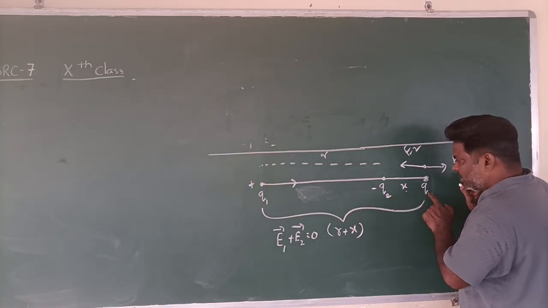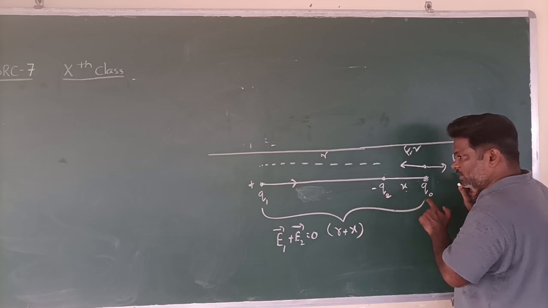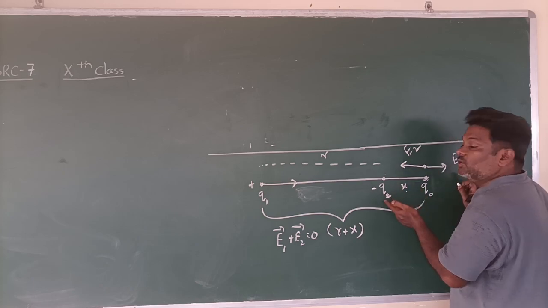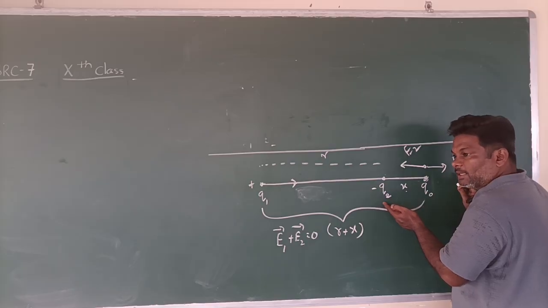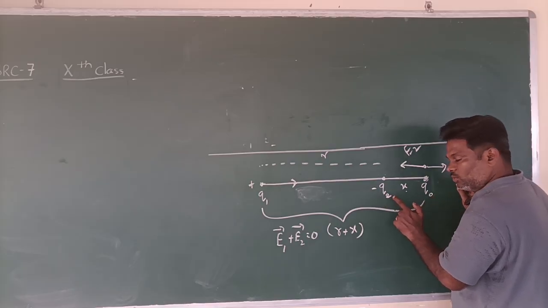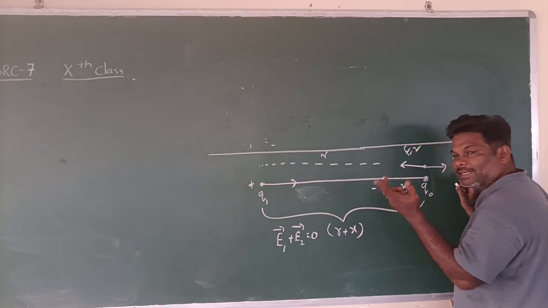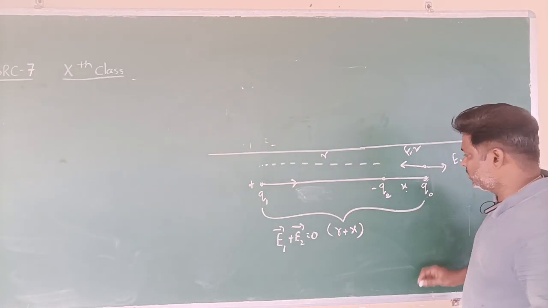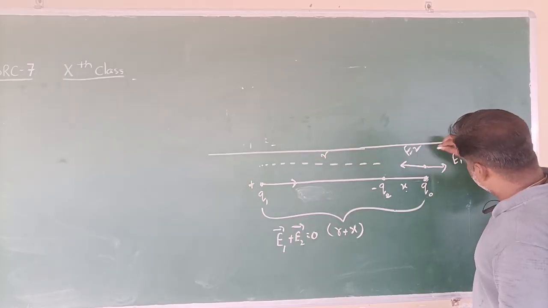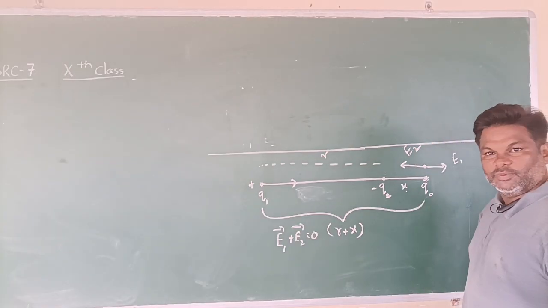Since it is located in the field of Q2 and this charge is negative, the positive charge gets attracted by Q2. So the force experienced by Q naught due to Q2 is an attractive force, which is acting opposite to E1. That is E2, which is acting on the left-hand side.